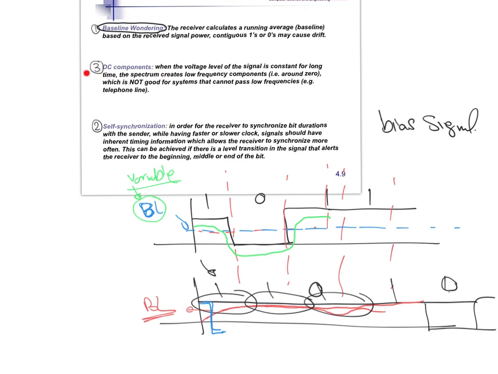Okay, so what is the final one, which is the DC component? The best way to understand it is to look at the frequency domain, not the time domain. If the digital signal has a high power at zero frequency, meaning it has a bandwidth that looks like this, this one is really bad.